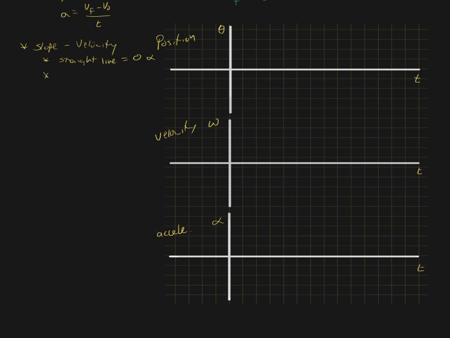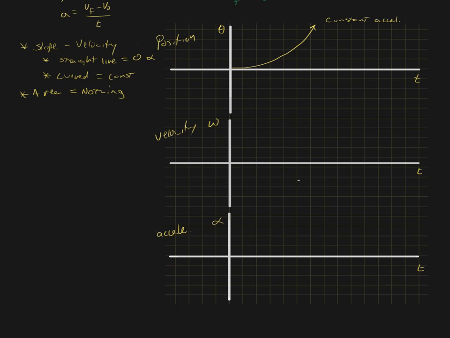If it is a curved line, then that's going to be equal to a constant acceleration. In fact, the curved line has to be specifically a parabola. So this would indicate right here that we have a constant acceleration. Okay, the area of the position time graph is nothing. It is not physically meaningful.